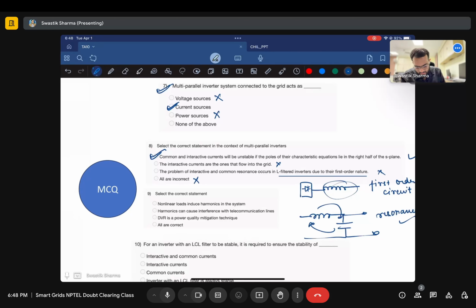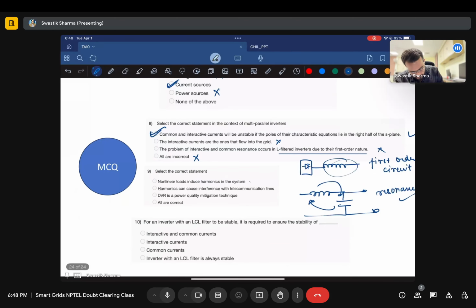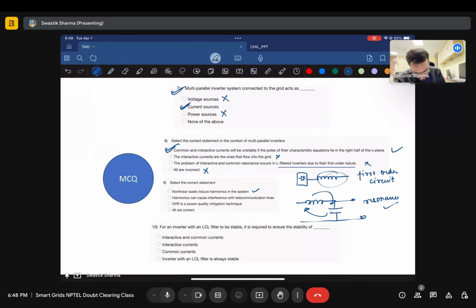Select the correct statement. Nonlinear loads induce harmonics in the systems. Correct. Nonlinear loads cause harmonics. Harmonics can cause interference with transmission and telecommunication lines. Correct. Because they are high frequency in nature, they can contribute to EMI, electromagnetic radiations, and that is why they will interfere with the telecommunication. DVR is a power quality mitigation technique.